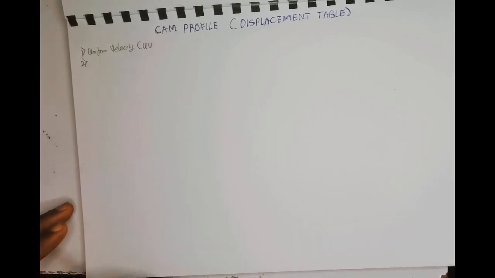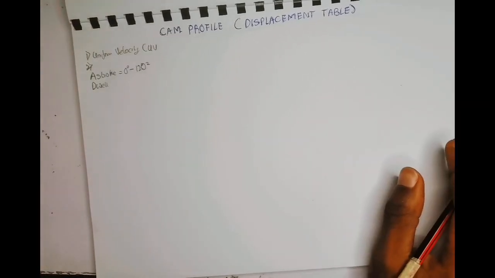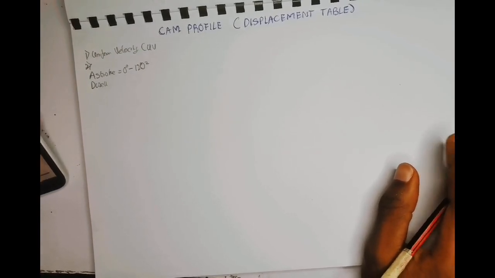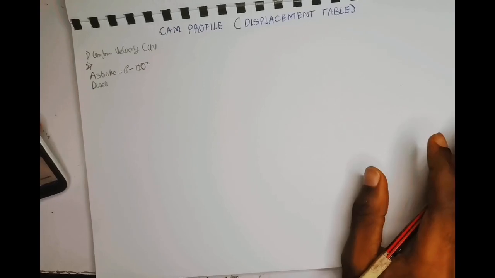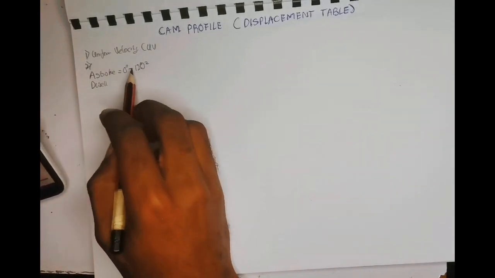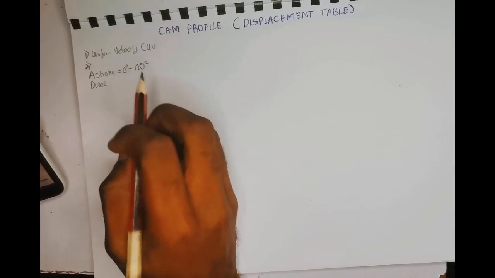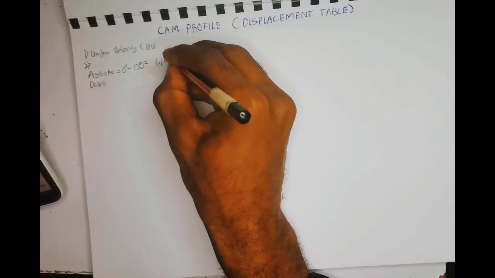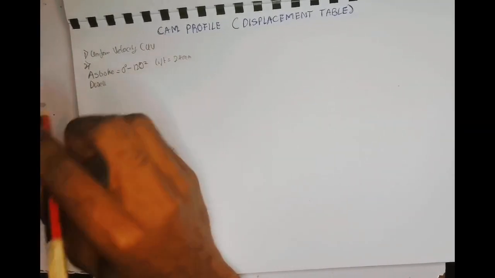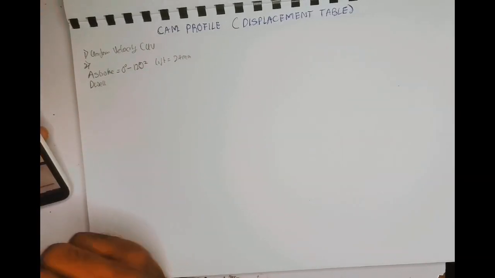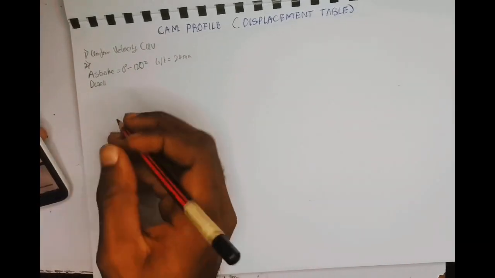First of all, we write down our parameters. Once again, the question says, design a radial cam to impart the following motion to a roller follower whose line of action coincides with the camshaft center. A stroke, which is 0 to 120 degrees, lift of 24 mm. The dwell is 120 degrees to 180 degrees.